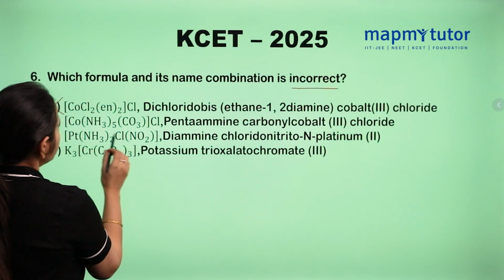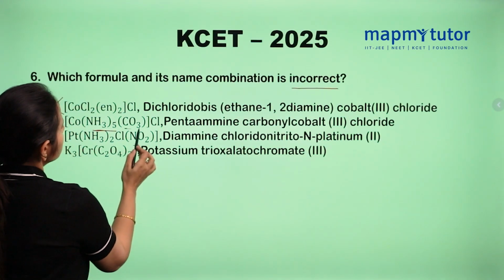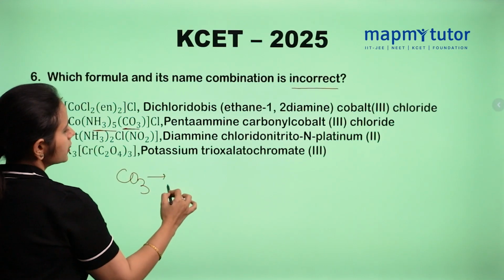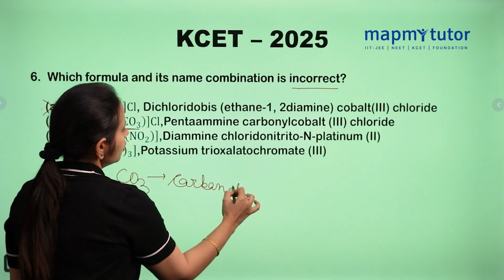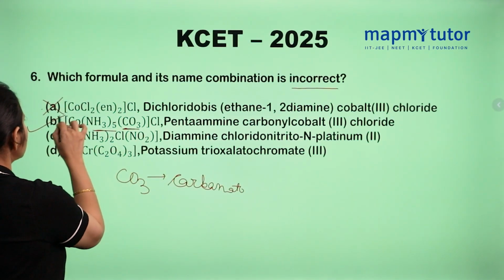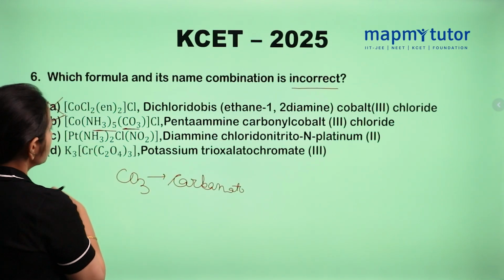Next, Cu(NH3)5CO3 chlorine. Here it is given pentaammine for this and carbonyl for this. But this is not carbonyl. CO3 is known as carbonato. So this is wrong, and since he is asking about incorrect, this is our right answer. For your general knowledge, we can see the other options as well.